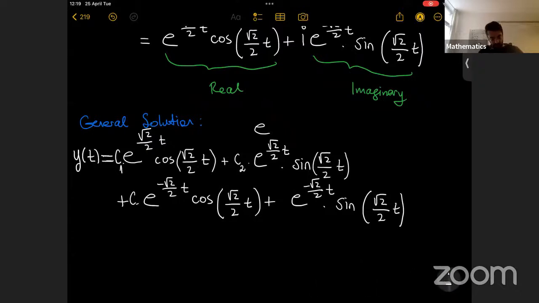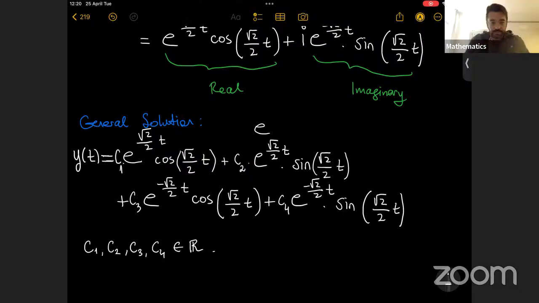C3, C4. Here C1, C2, C3, and C4 are real numbers, okay? C1, C2, C3, and C4 are real numbers. All right, any question with this solution?